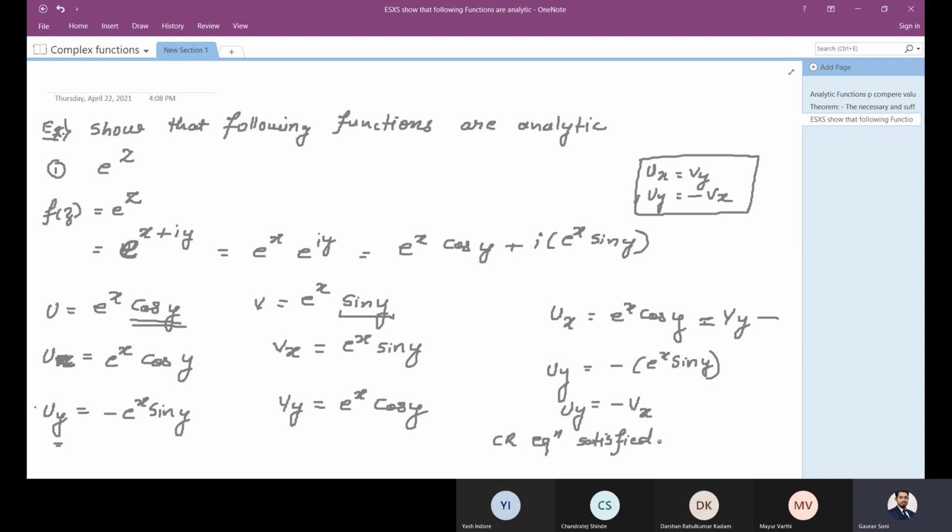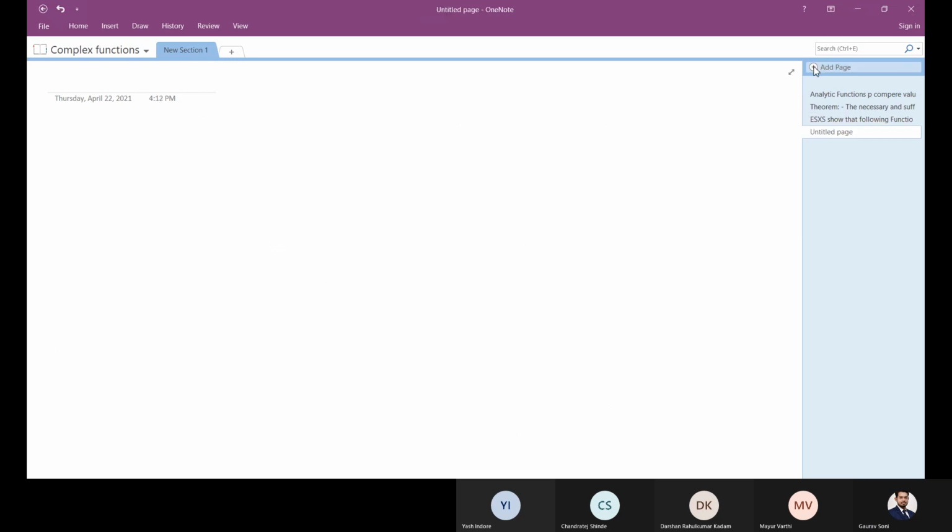Okay, let's go to the next example. f of z is equal to z cube.